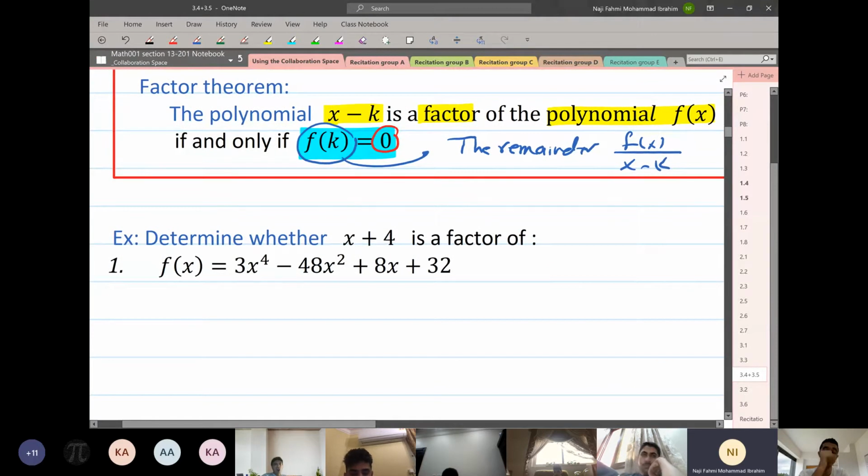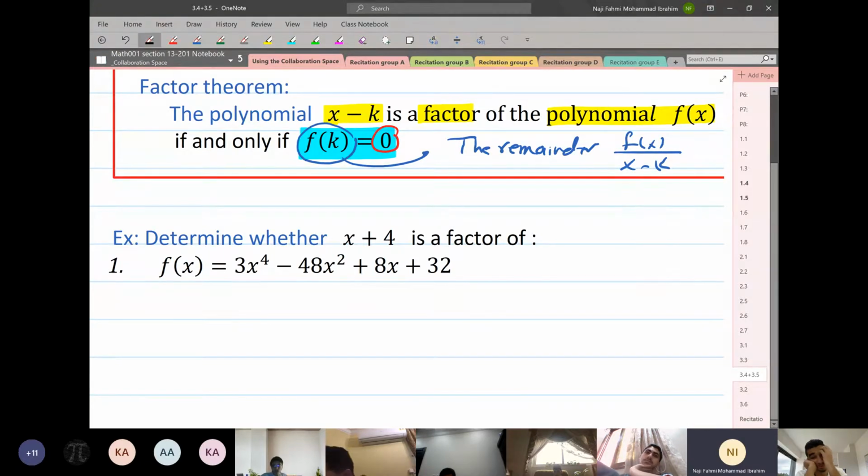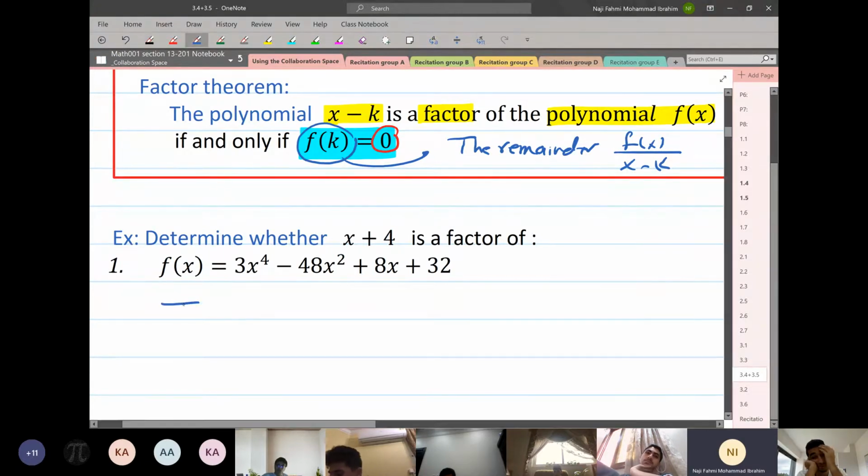This is called the factor theorem. Let's apply it in our next example. Determine whether x plus 4 is a factor of f of x or not. How do I know if it's a factor? The remainder should be 0. So how can I find the remainder, by substitution or division?